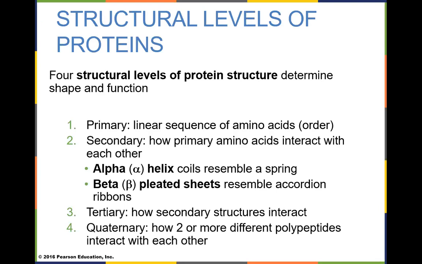For example, our thyroid controls all of our metabolic activity in all of our cells by releasing thyroid hormone. So every cell in our bodies has a receptor site for thyroid hormone, which is a protein, and that protein can land on every cell.